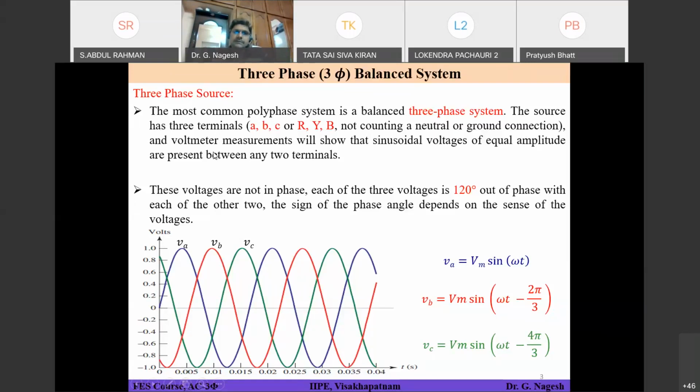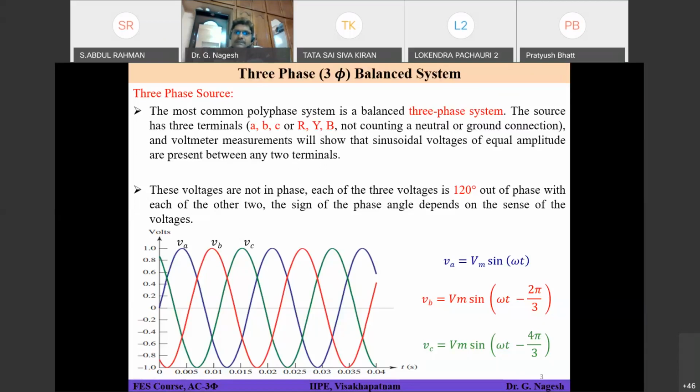The voltmeter measurements will show that sinusoidal voltages of equal amplitude are present between any two terminals. What it means is that if you connect a voltmeter between any two lines, you will observe that it will have an equal amplitude.